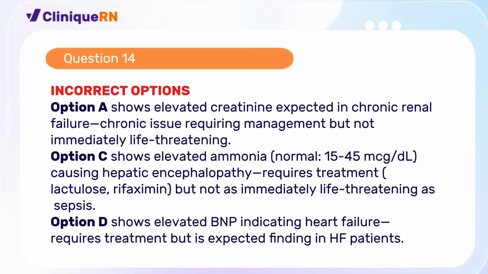Option C shows elevated ammonia, normal 15 to 45 micrograms per deciliter, causing hepatic encephalopathy, which requires treatment, lactulose or rifaximin, but is not as immediately life-threatening as sepsis. Option D shows elevated BNP, indicating heart failure, which requires treatment but is an expected finding in HF patients.